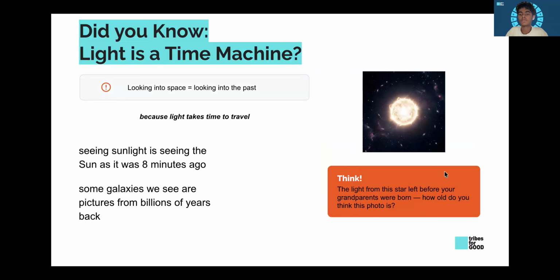Astrophysics. Did you know that light is a time machine? We have all thought about a time machine, where we can go into the future or the past, right? So light travels very fast, like 300,000 kilometers per second. That sounds very fast, but space is so big that the speed of light feels like riding a bicycle.